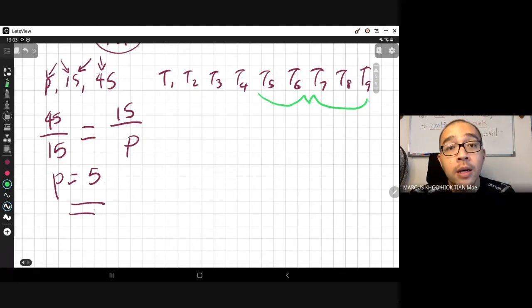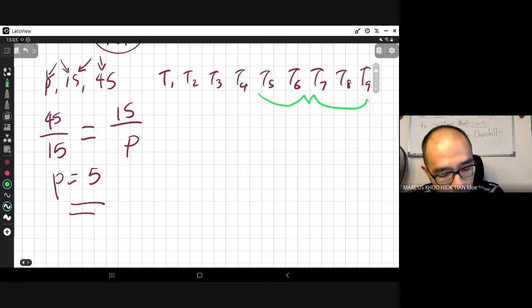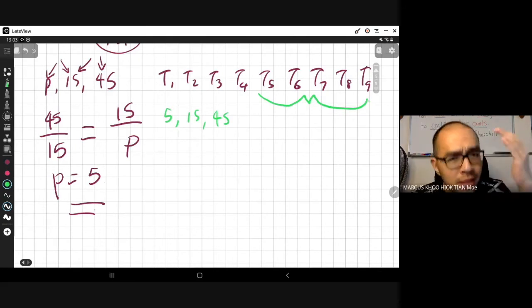Now if you are thinking, oh my goodness, what's the formula for this? How to do it? There's no formula given. You can still do this manually. Let's try. First term is 5. Second term is 15. Third term is 45. Can you count 4 until 9? Can.